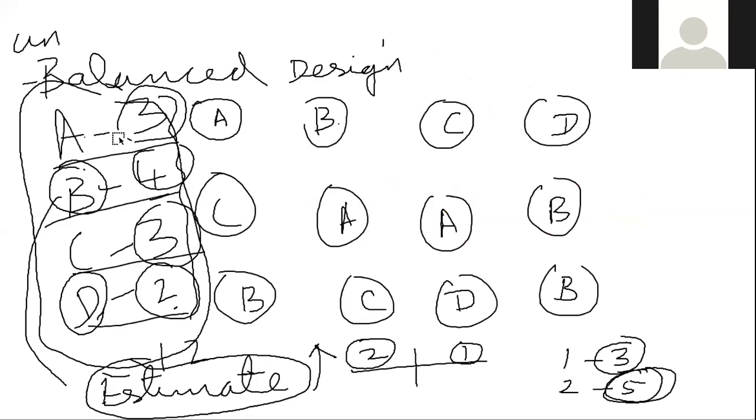So here the estimation of B will have high precision. When you estimate D, it will have low precision. So that is the difference, right?